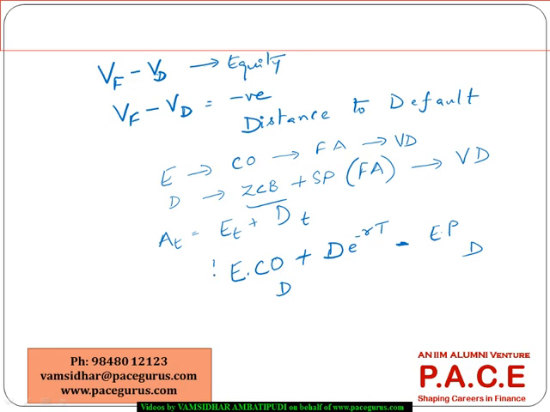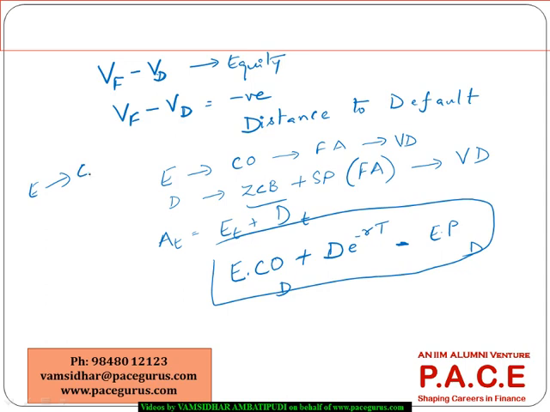So this is how I can compute the value of the firm or the value of the total assets of the firm. Individually, the value of the equity is nothing but the value of the call option, whereas the value of the debt is nothing but the present value of the debt plus or minus the maximum of the debt minus the value of the firm, comma 0.